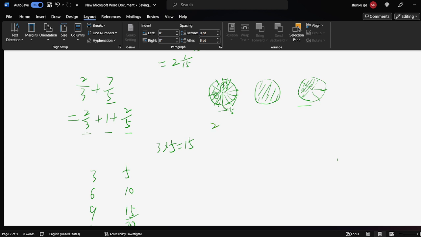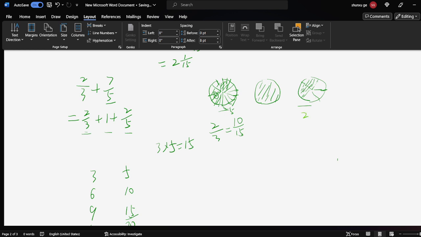So now, before, I ate 2 over 3 of the pizza, which equals 10 over 15. Why do I change from a simplified fraction to a non-simplified fraction? Because I want to make their denominators the same. Otherwise, it cannot be calculated. So for this part, before it's 2 over 5.